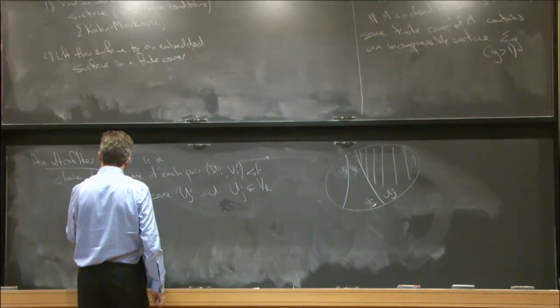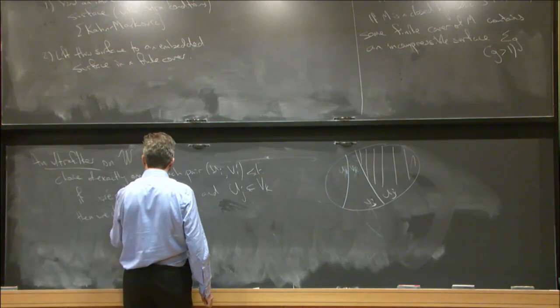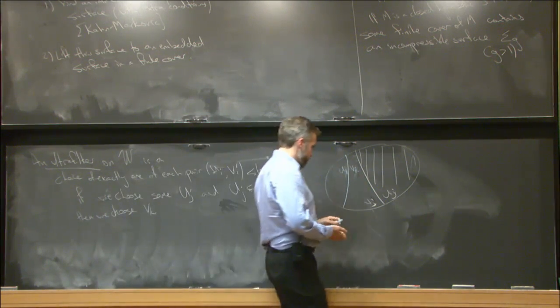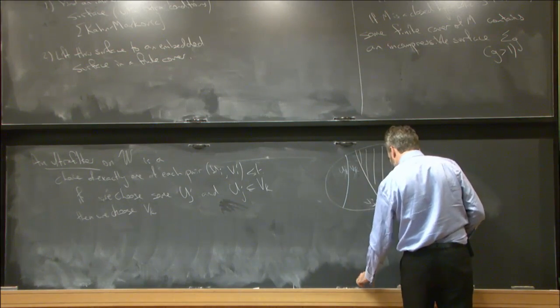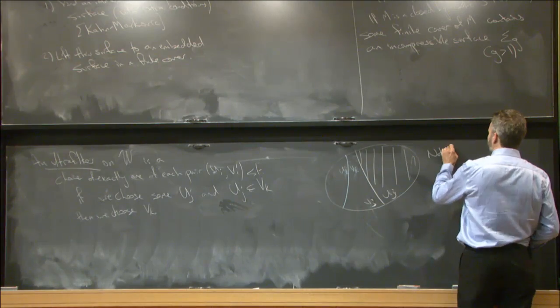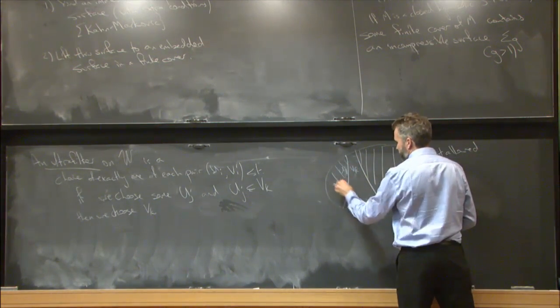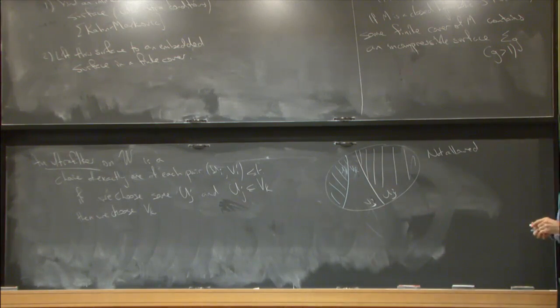Then we choose V_k. So this picture is not allowed: the one where I choose this region that doesn't meet U_j at all.